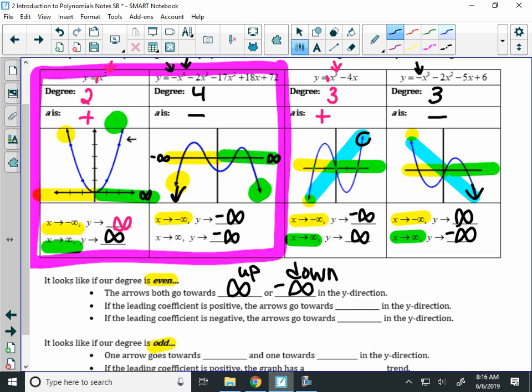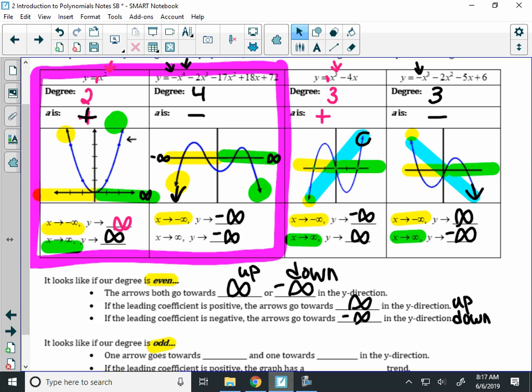If the leading term is positive, that means if there's not a negative in front, if there's a positive sign, the arrows are going to go up or towards infinity in the positive direction. If the leading term is negative, if there's a minus sign in front, the arrows go to negative infinity, which means they go down. That's the easiest one, right? So the arrows both go up or they both go down.